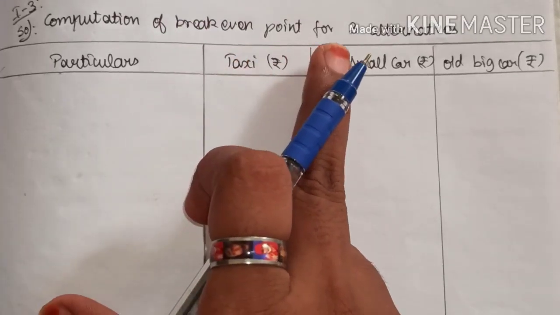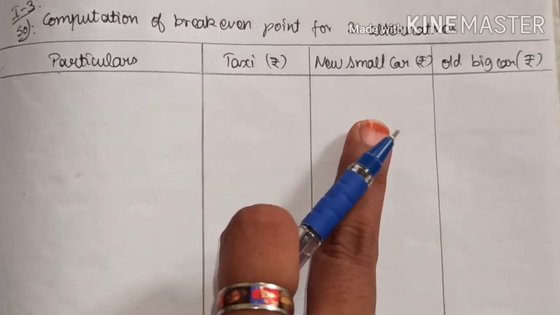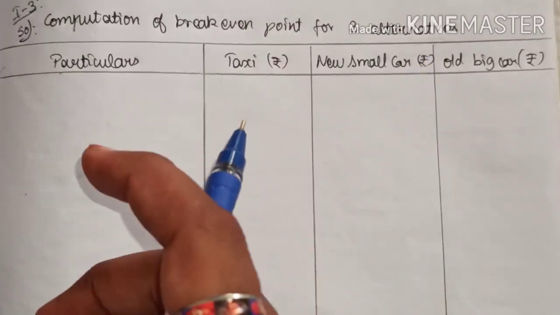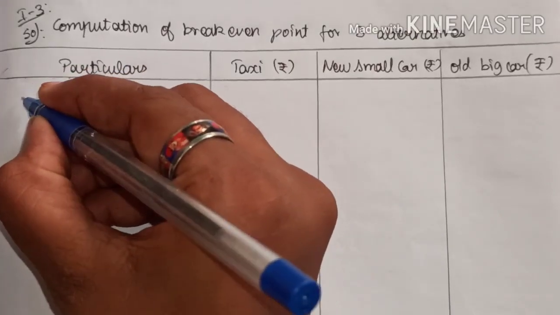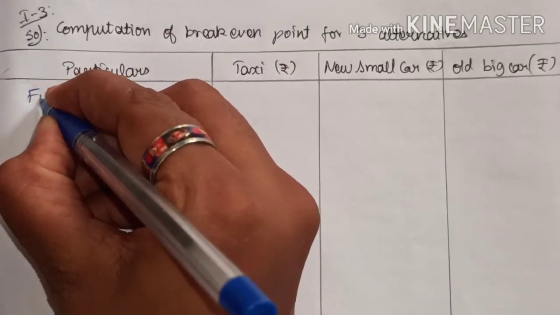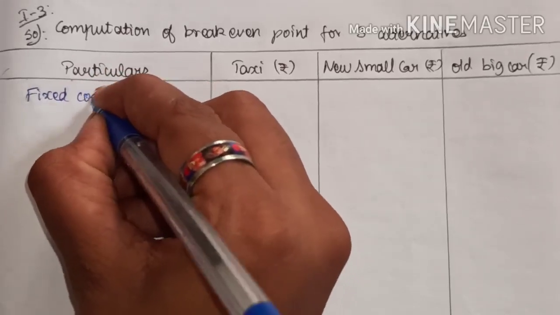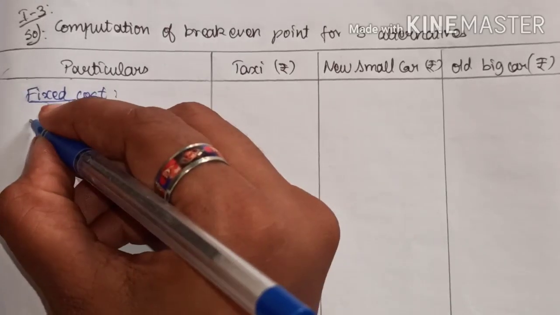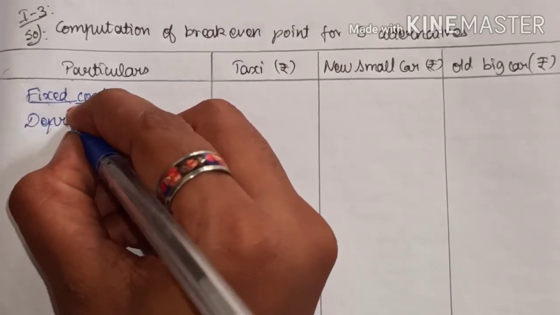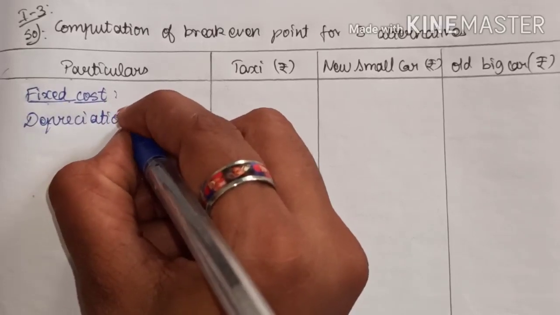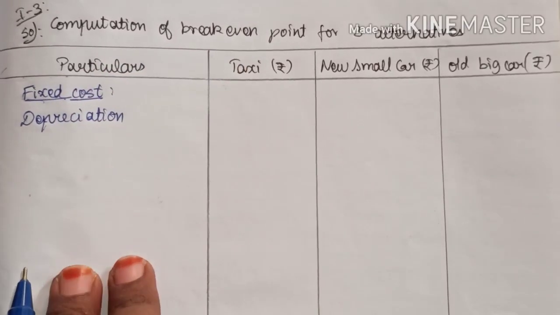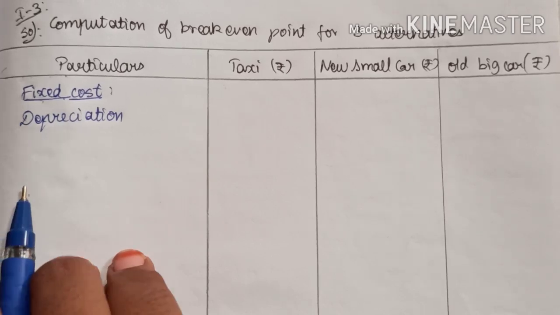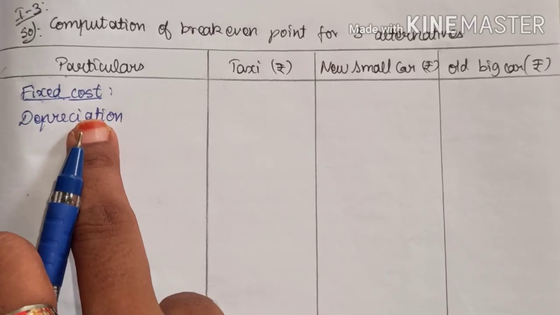That is computation of break even point for three alternatives, that is taxi, new small car and old big car. For computing the cost, let us find fixed cost first. First one is depreciation. Because they have given the cost of the cars and also the sale after 5 years, we have to find depreciation.